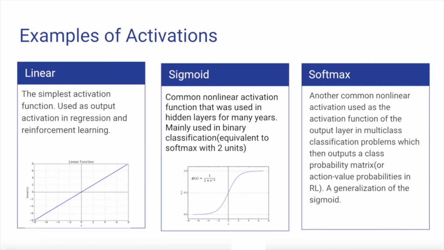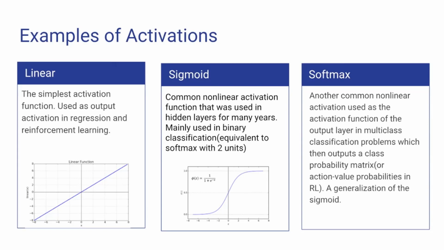The simplest activation function. We basically covered this already. A linear activation. Y equals X is what that is showing you right there. Next, we have a sigmoid. This is a quite common nonlinear activation function.